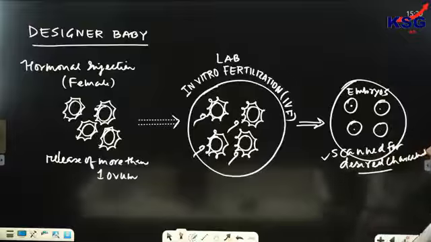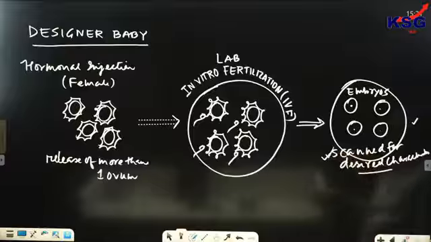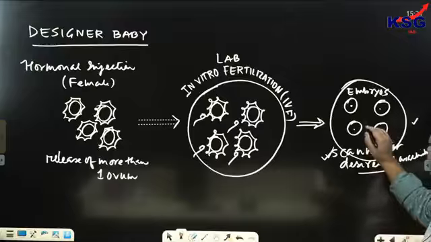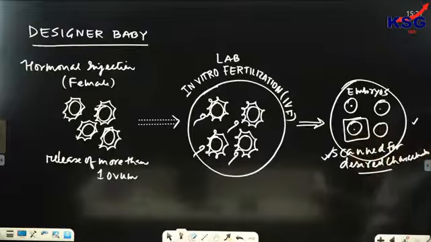So this would be scan for desired traits or characteristic. And then we are doing what? Suppose this is an embryo which shows the desired characteristic.